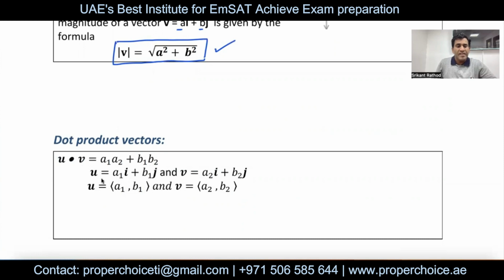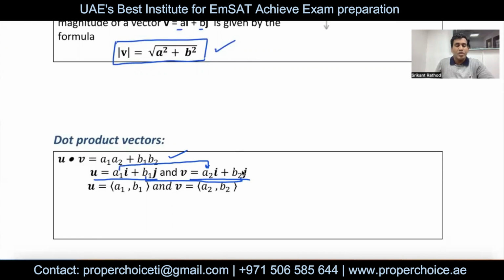Let's take u as this vector, v as this vector. While finding the dot product, I just need to multiply the like terms. Multiply the term present with i, that is a1 times a2, plus multiply the number present with j. Don't include i and j with that, just multiply the like terms here. So a1 into a2 plus b1 into b2 gives me the result of the dot product.